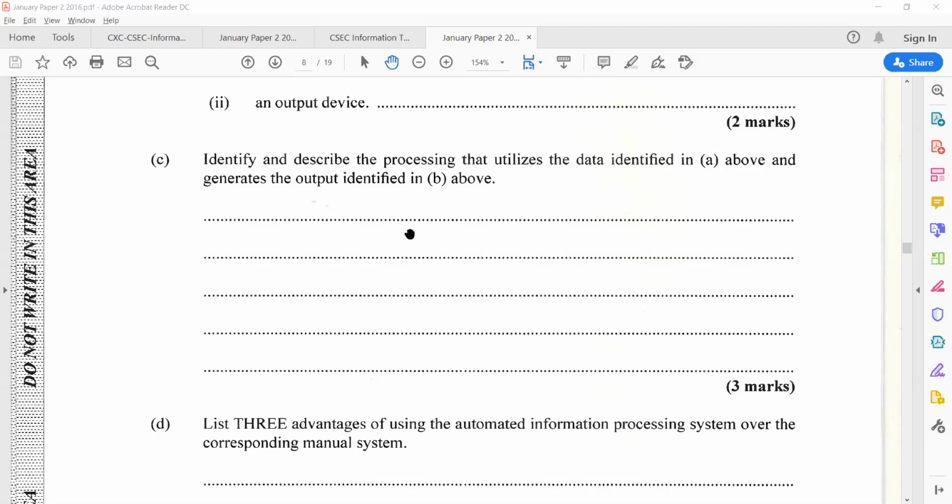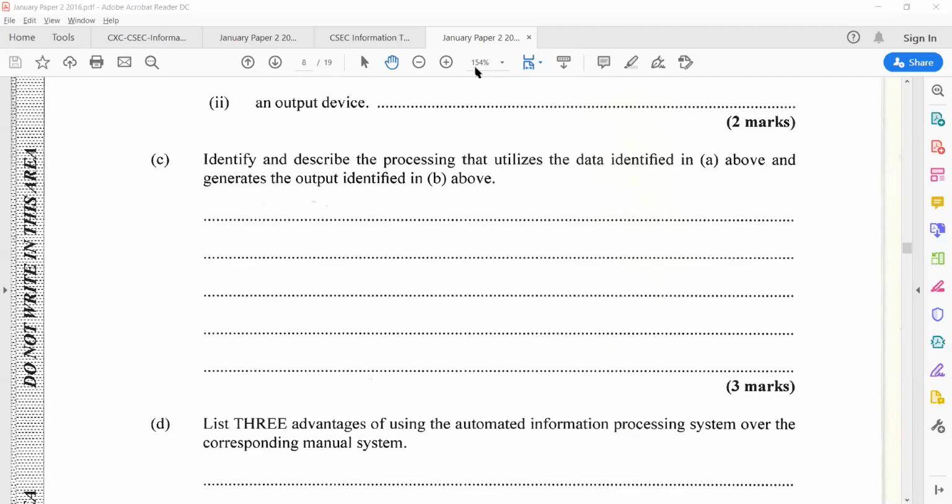There's input, processing, output. Input is the data or information you supply or you give to the system. Output is what the system returns to you. And processing is what the system does with the input you supplied to get the output. So what you need to do here is to describe the processing.